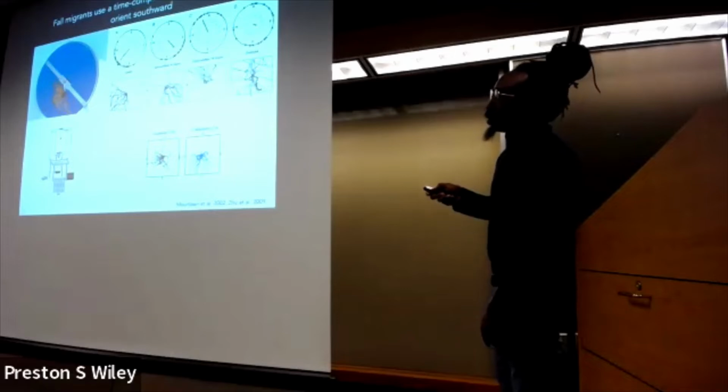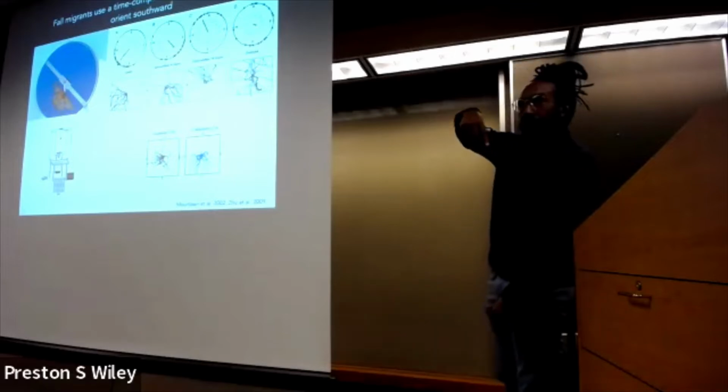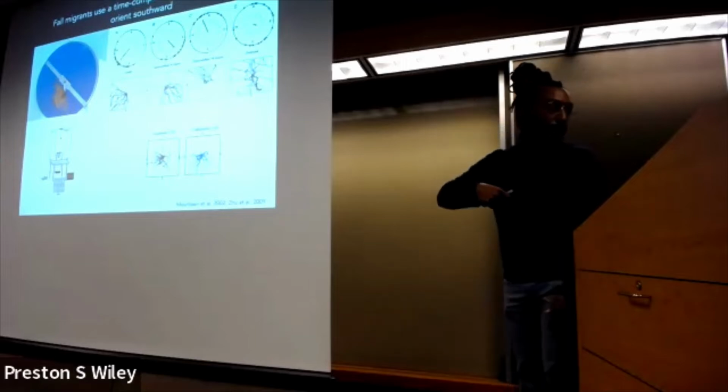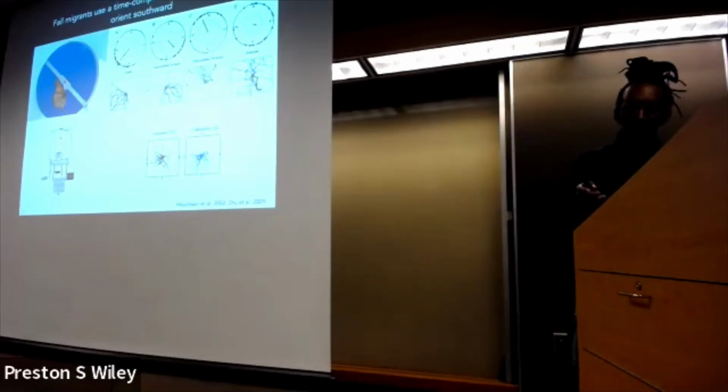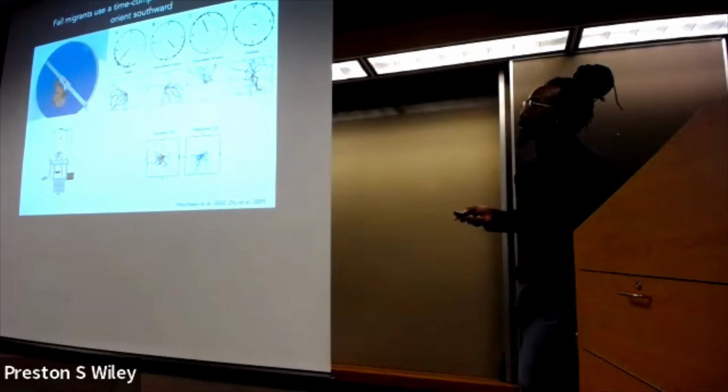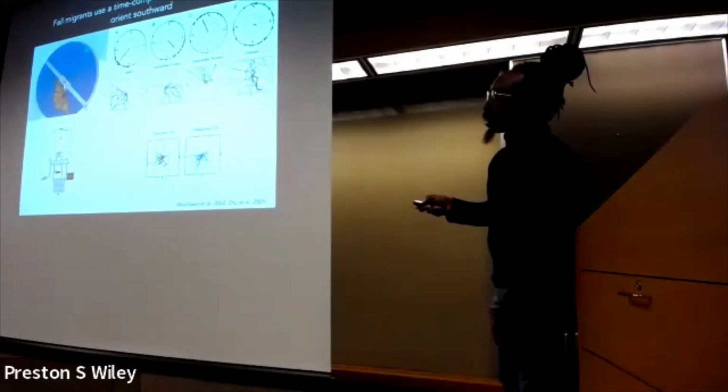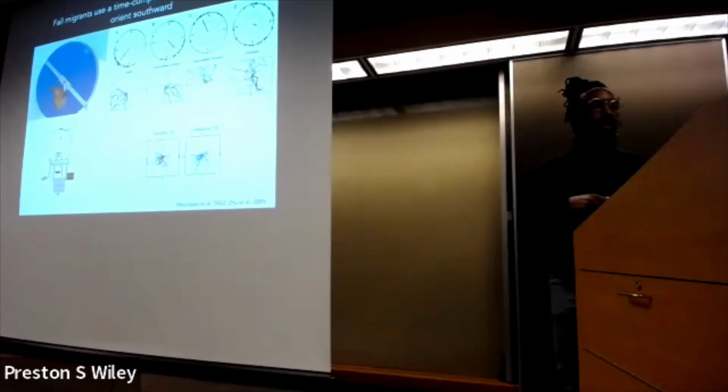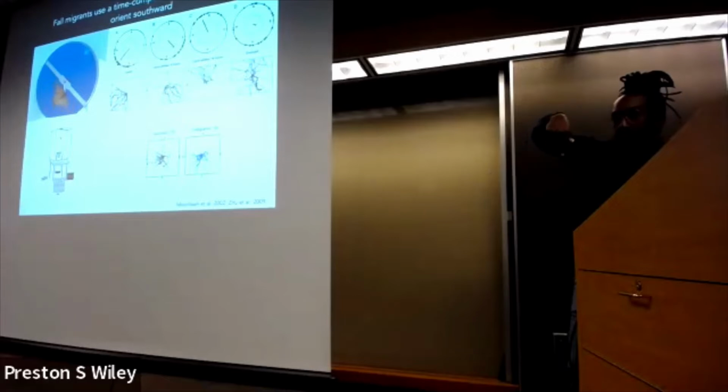It looks like this, and basically you tether a monarch such that it can only spin around. And whenever you do this experiment in spring or summer, individuals will either just spin around in this apparatus, or if they do choose a direction as a group, it's not a coherent direction. They're just choosing random directions.